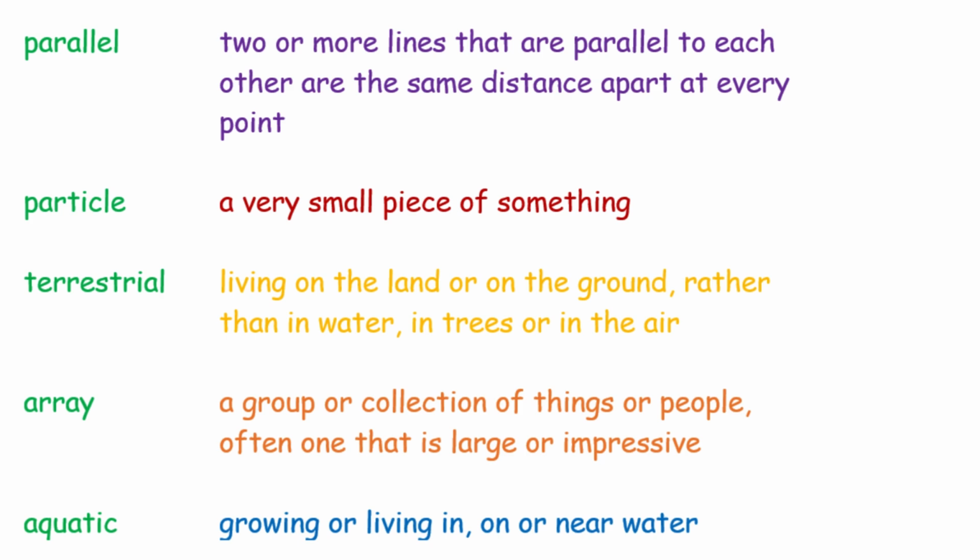Parallel. Two or more lines that are parallel to each other are the same distance apart at every point. Particle. A very small piece of something. Terrestrial. Living on the land or on the ground, rather than in water, in trees or in the air. Array. A group or collection of things or people, often one that is large or impressive. Aquatic. Growing or living in, on or near water.